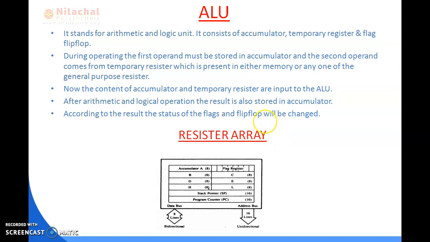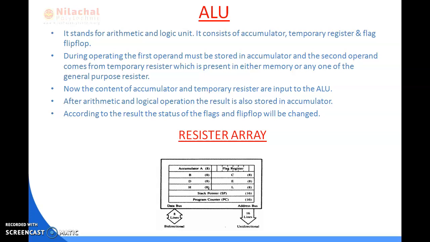For an arithmetic and logical operation, we require two data. One data or first operand must be stored in the accumulator and the second data or operand may come from the temporary register, which is present in either memory or any type of general purpose register.